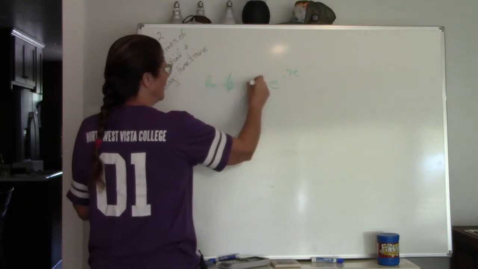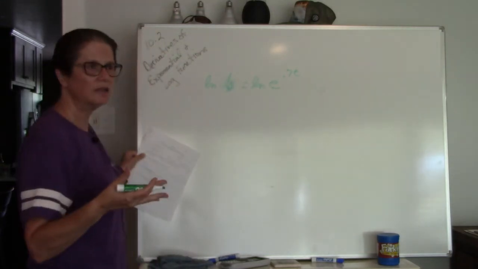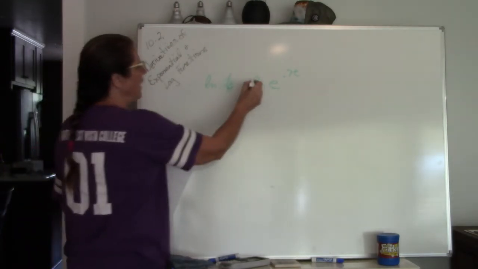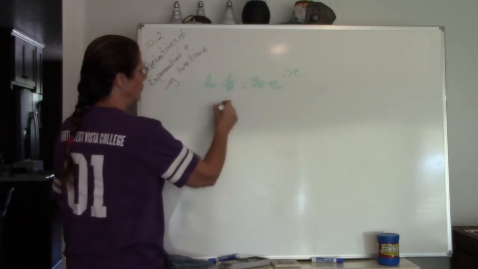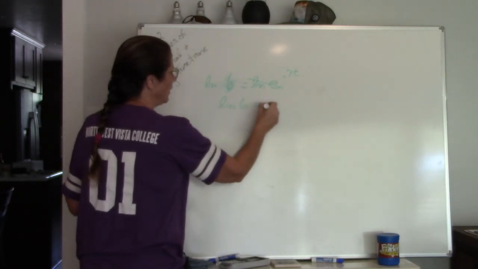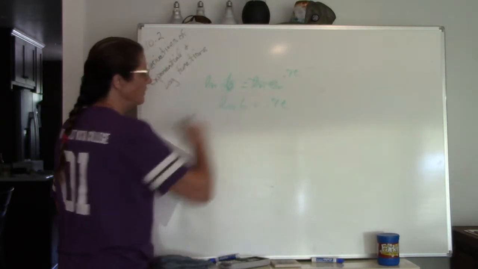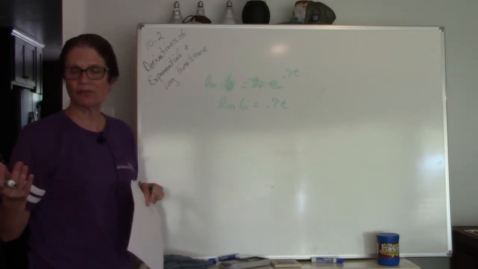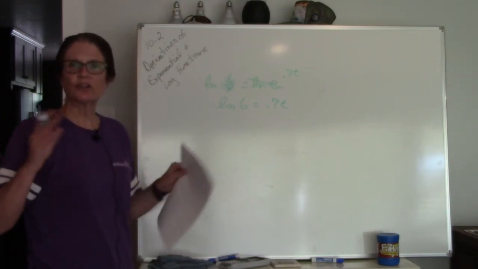You would take the ln, remember, natural log, because e is the natural number, of both sides, and that cancels it. So now you have a straight equation. That 0.7t drops down, and now you can solve your equation for the variable t. So they undo each other.